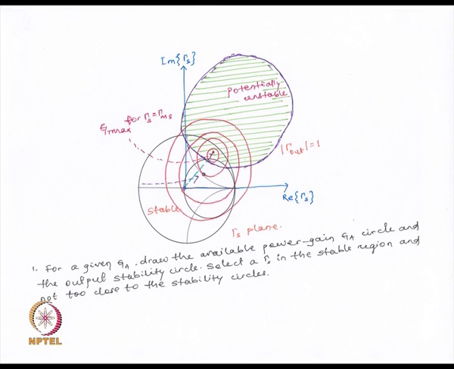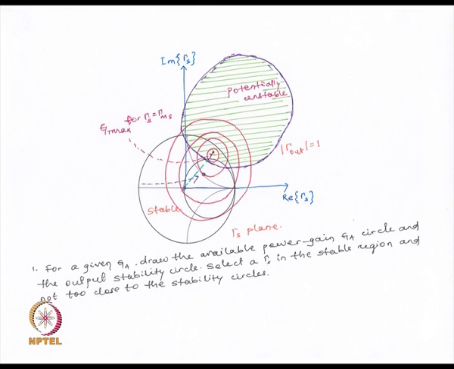For the potentially unstable case, you draw the available power gain circles, you also draw the input stability circle. Select a point on these available power gain circles that lies in the stable region. Once you select a point, say a certain value of gamma S, find out the value of gamma out, and then set your gamma L equal to gamma out conjugate.